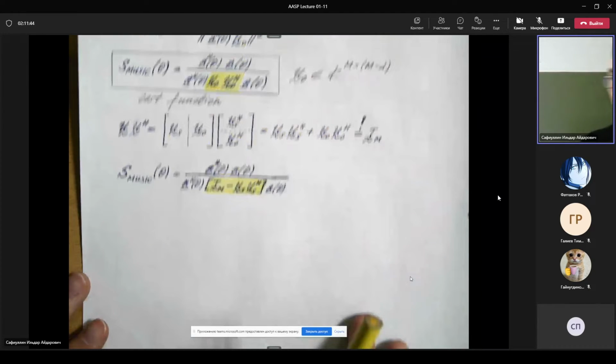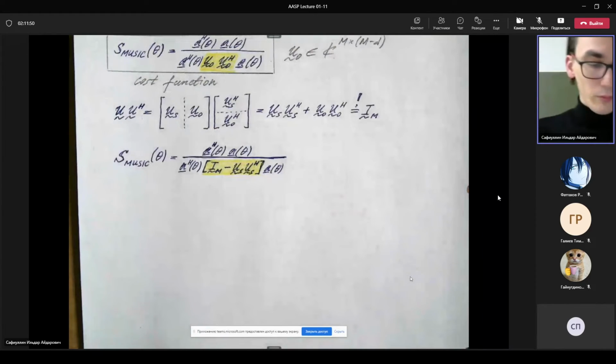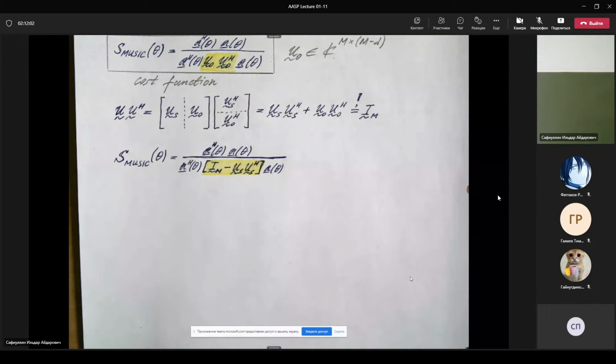So it is just two different angles for this problem. But we will have something about these D maxima.